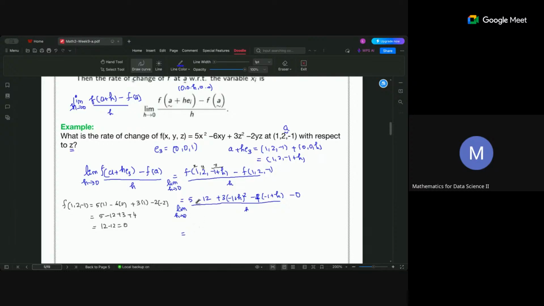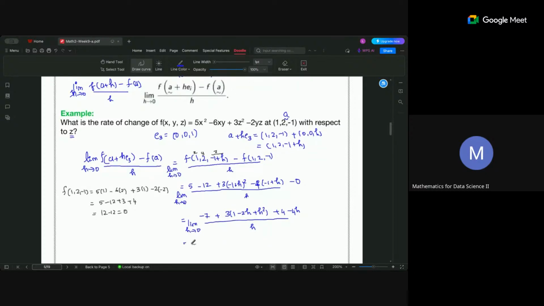So in the numerator, you have minus 7 plus 3 times (1 minus 2h plus h square) plus 4 minus 4h, by h, limit h goes to 0. What is the numerator when you simplify? All the constants together become 0. What about the other part?